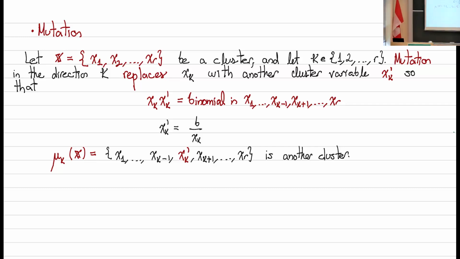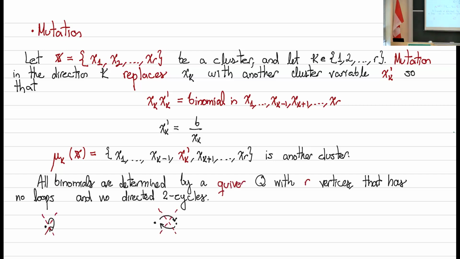So you kick one out and bring some other variable in, and this is determined by the fact that xk times the new variable xk prime is a binomial in the other variables. In other words, xk prime is that binomial over xk. And the mutation just replaces xk by xk prime. So you replace one by one. Now, it cannot just be any binomial for the theory to actually work. These binomials have to be given by a quiver.